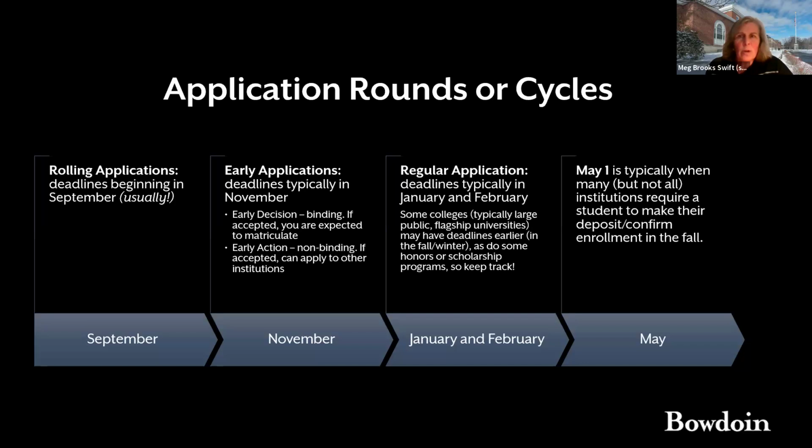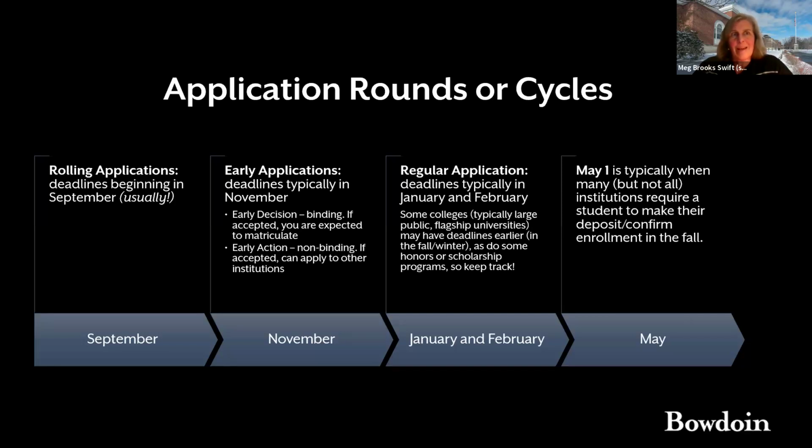Then in January and February, we see a lot of regular decision application deadlines, and students will get decisions really anywhere from February to April. May 1 marks an important date in college admissions because that is the day that most schools require you to deposit or to confirm enrollment for the fall.